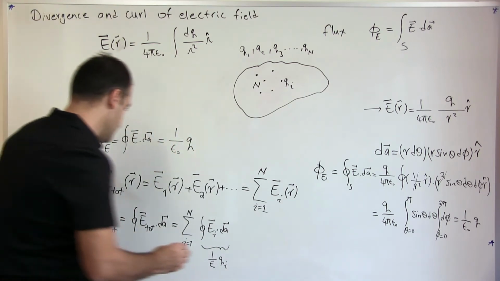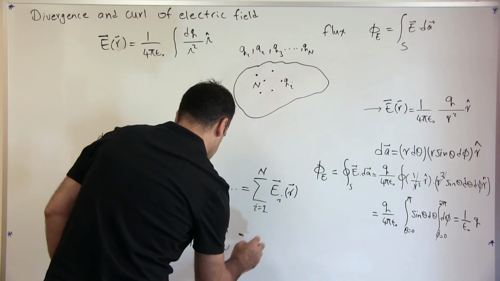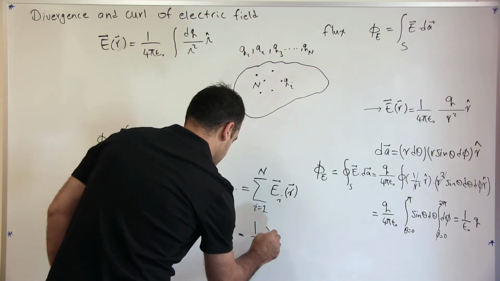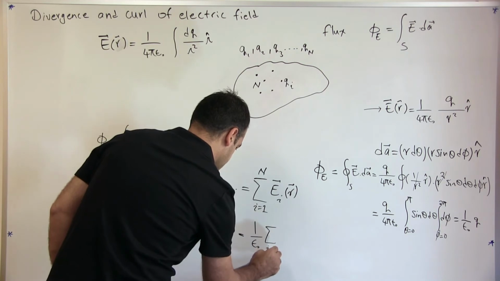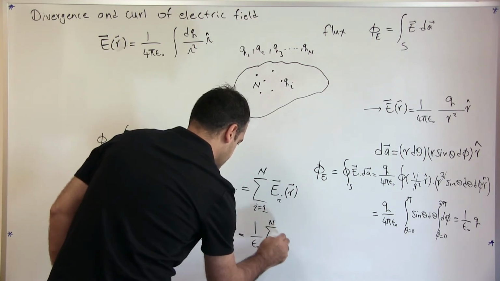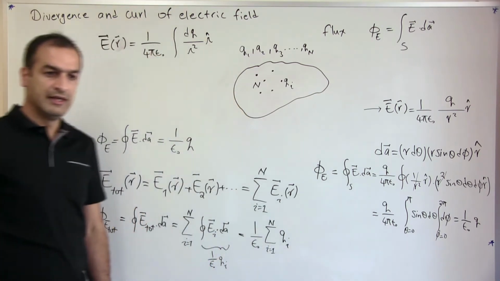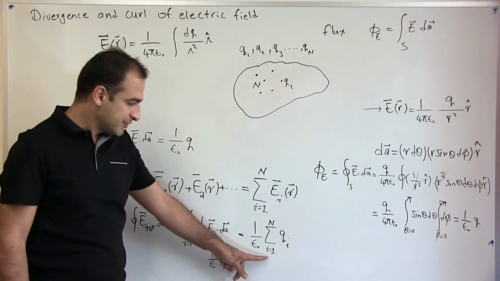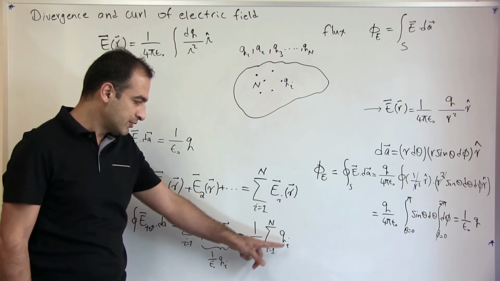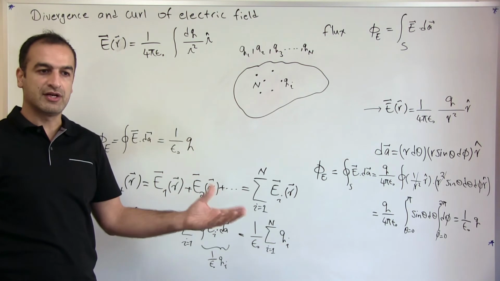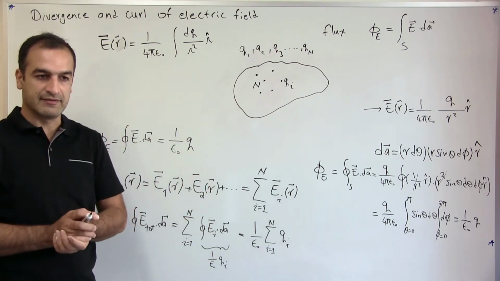So this total flux is going to be equal to 1 over epsilon 0 times the sum from i equals 1 to n of Qi. If you look at this summation, it is the sum over all the charges from 1 to n, and that is technically the total charge enclosed within that surface.